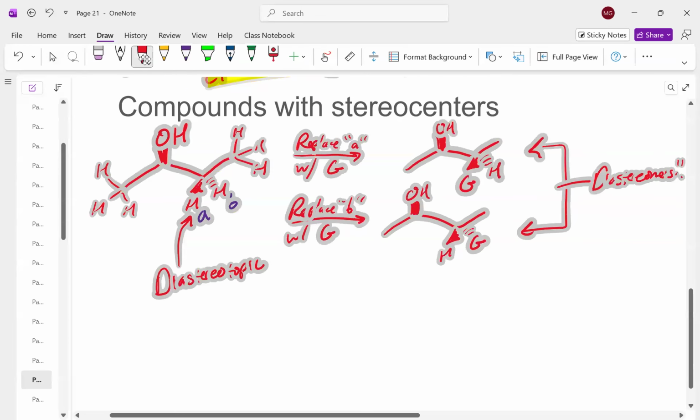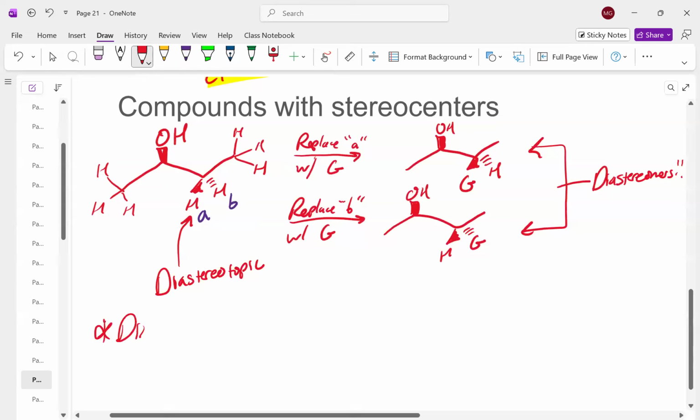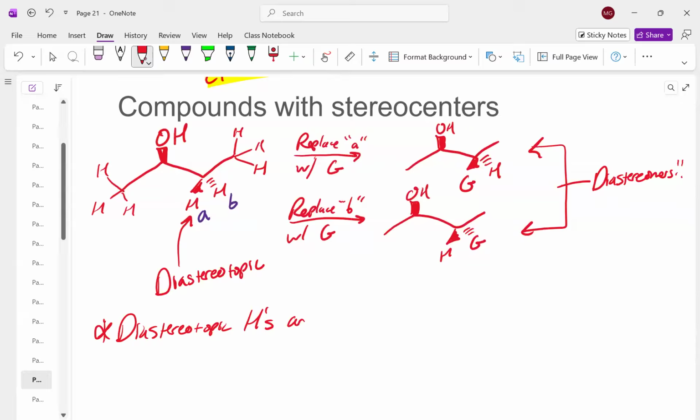And I need you to pay close attention to this. Diastereotopic hydrogens are never equivalent to each other. And so the A and B hydrogens there are in fact non-equivalent.